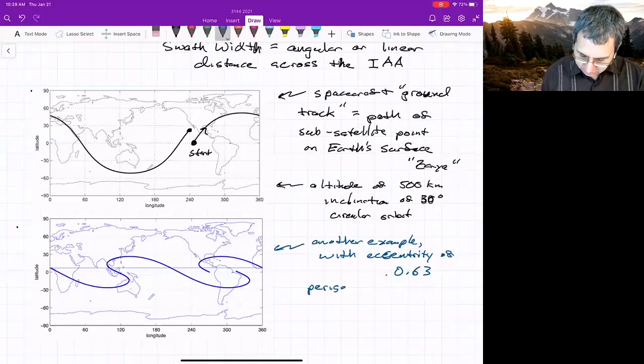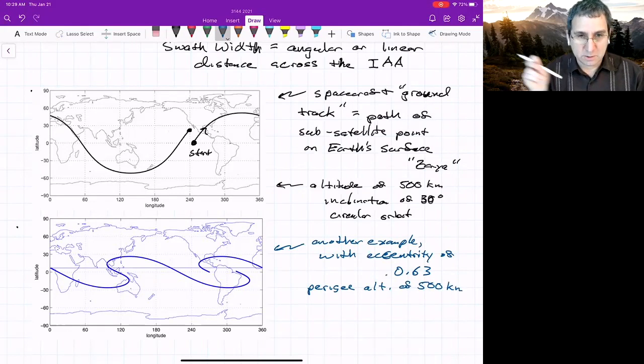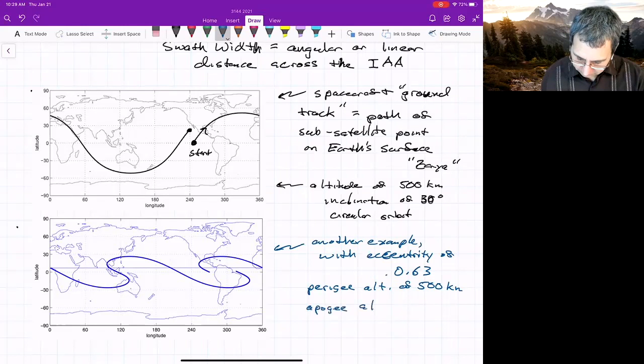It's got a perigee altitude of 500 kilometers, that's closest approach to Earth, and then an apogee altitude of something huge, 24,000 kilometers, and an inclination of 26 degrees.